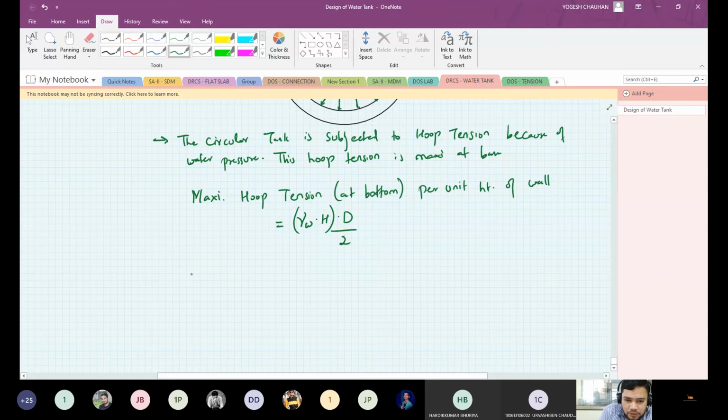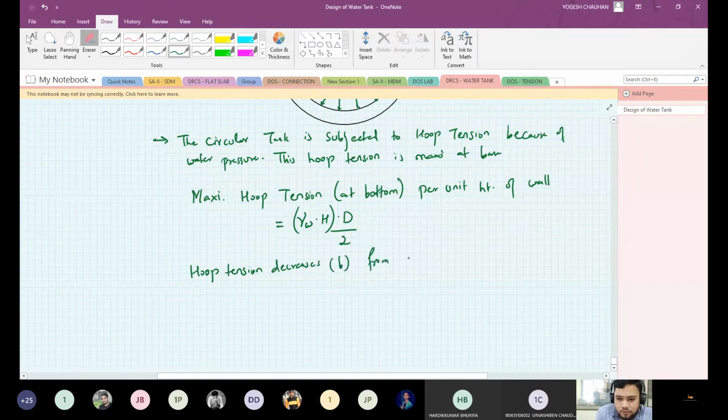So the hoop tension decreases as we move from bottom to top.